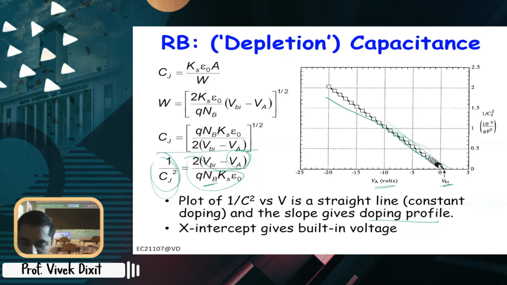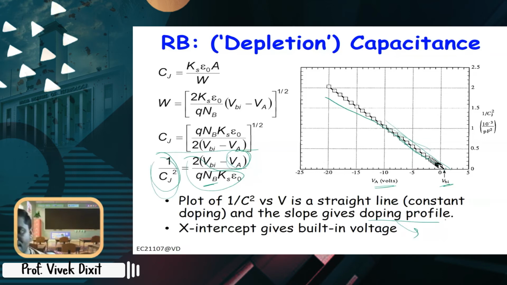This doping will be of the lower doped side, and this is only for a one-sided junction. When both sides are doped, you cannot get individual doping. If the dopings are equal, then you can say this is the doping. But for one-sided, you can directly get the doping and built-in potential from the 1 by C square versus voltage curve.